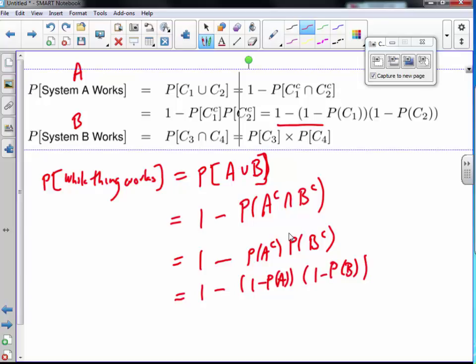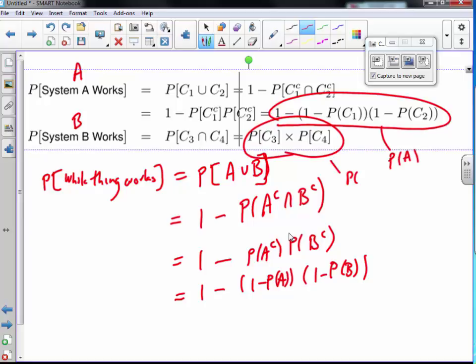And so we would have to substitute in this for the probability of A and this for the probability of B. So you see, we probably will get some cancellation out of this. Some of the ones will cancel out, but it ends up being a fairly long expression.